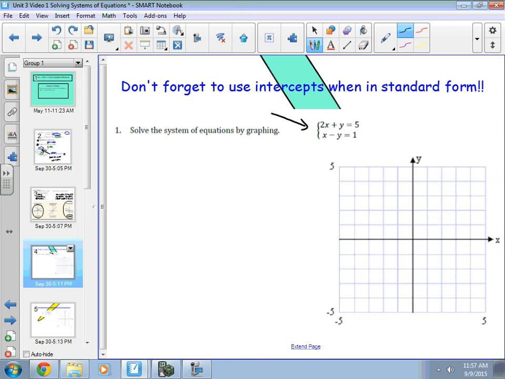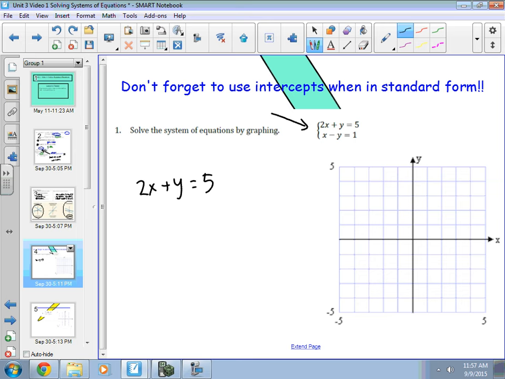So how do we graph these out? These lines, we could do one of two methods. We can get them in slope-intercept form, which you guys are familiar with, or we can use the cover-up method. For this first one, let's try getting it in slope-intercept form. So we have the equation 2x plus y equals 5.